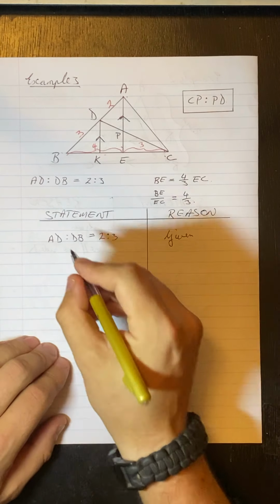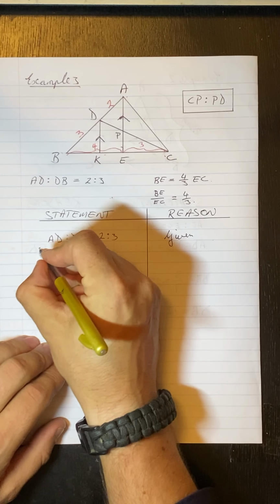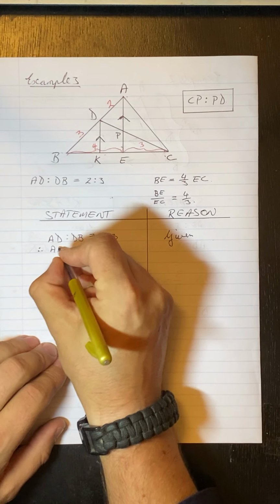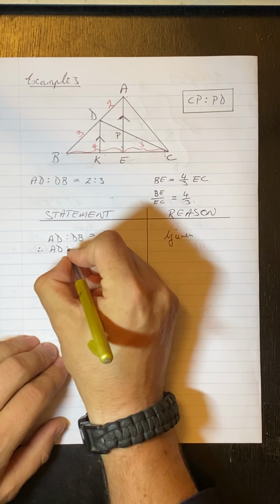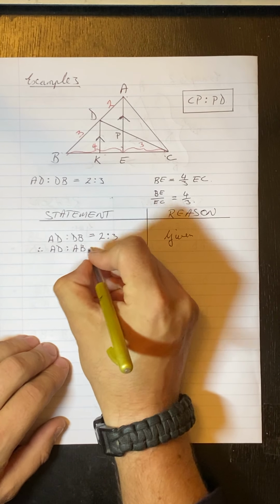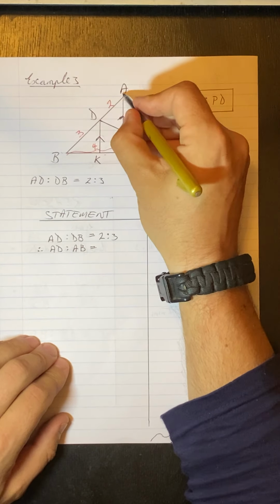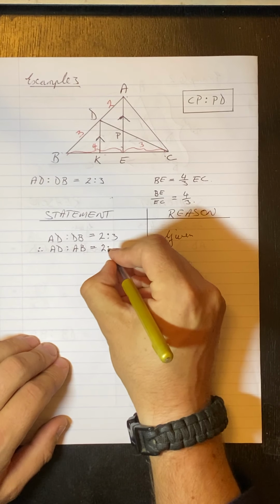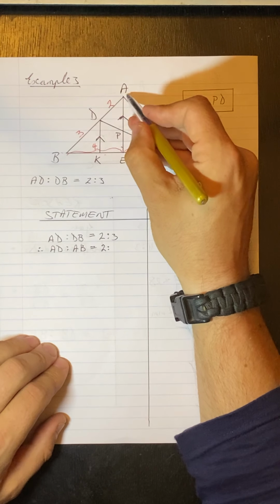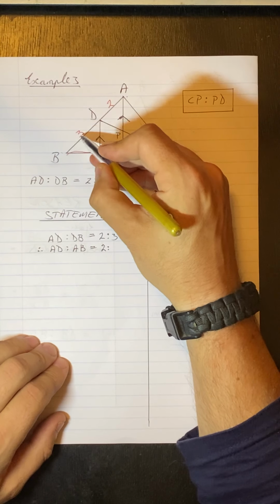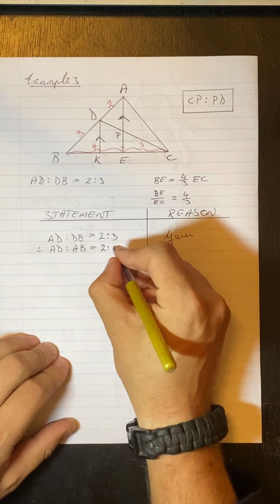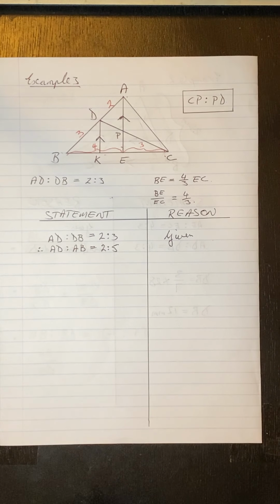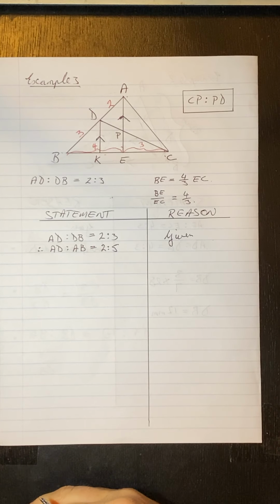That means that AD to AB will be equal to 2 parts, because that's our AD, and then AB will be the 2 and the 3 parts together, which gives us 5. So we have that ratio of 2 to 5.